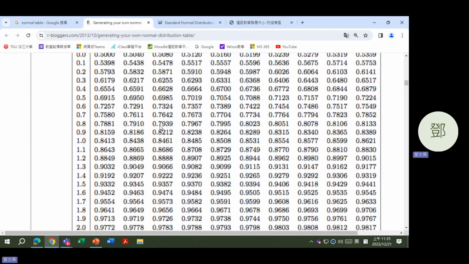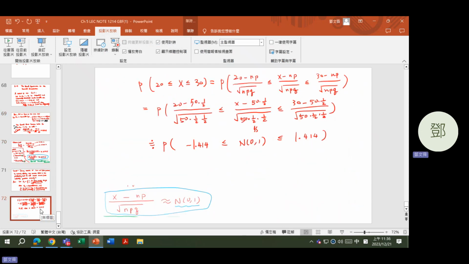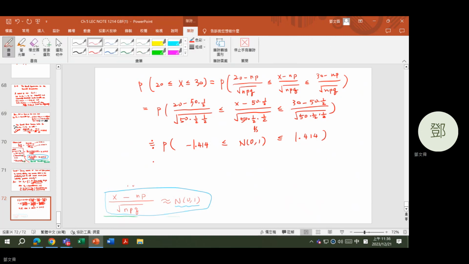So here it is. Go to your table, 0.9207. So it is 0.9207 here. So it is 0.9207 minus 0.0793, right?